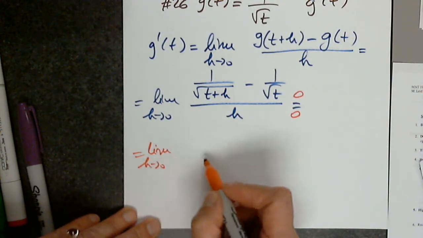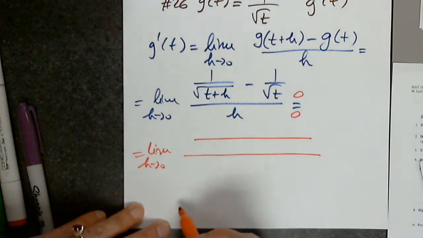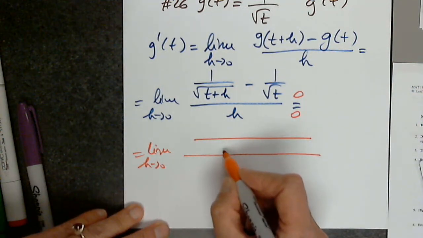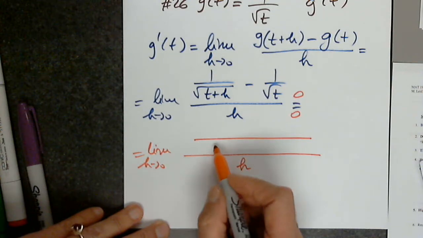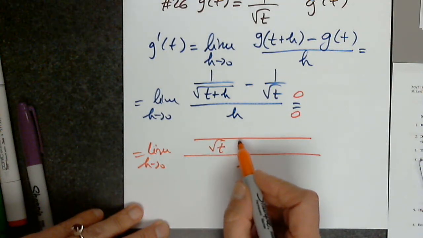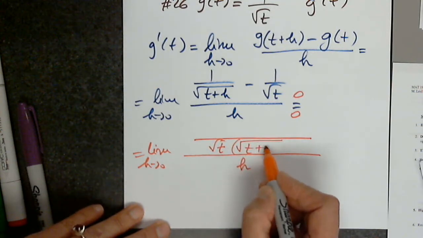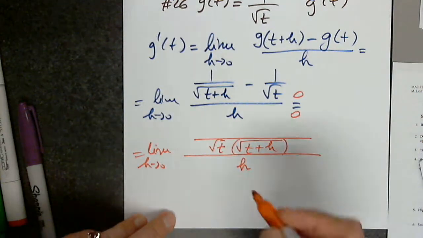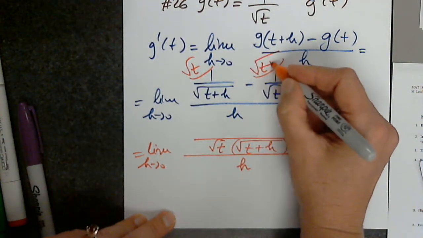Limit as h approaches 0. The numerator: what do I find now? Square root of t plus h times the square root of t. Exactly. Good. So this one needs the square root of t, and this one needs the square root of t plus h.